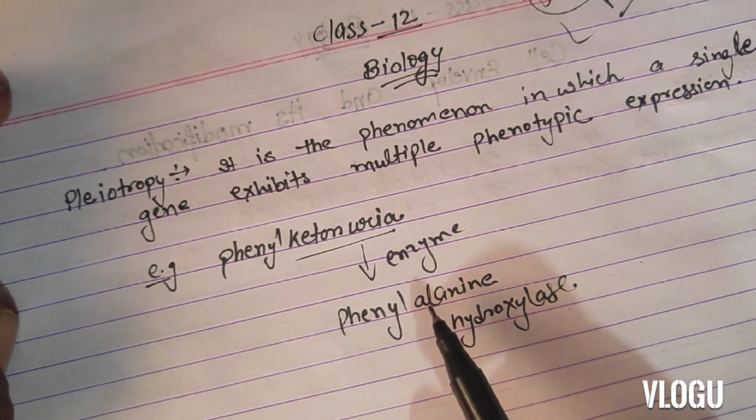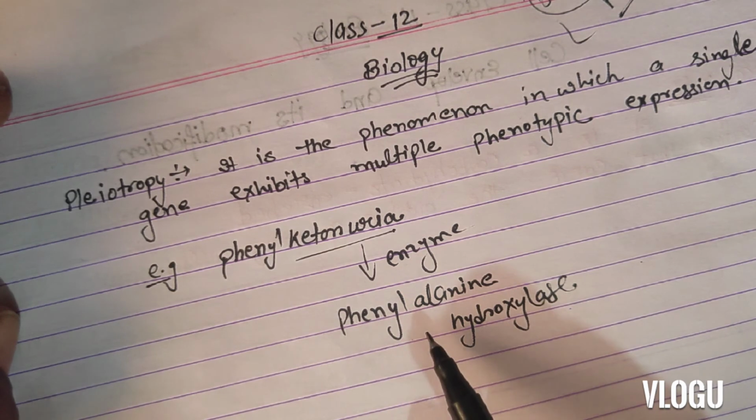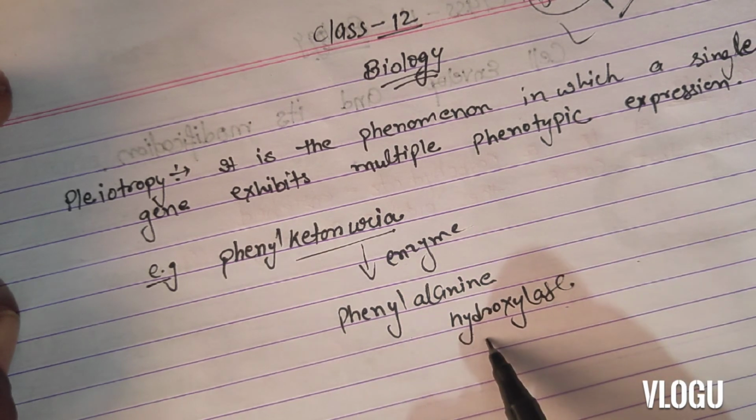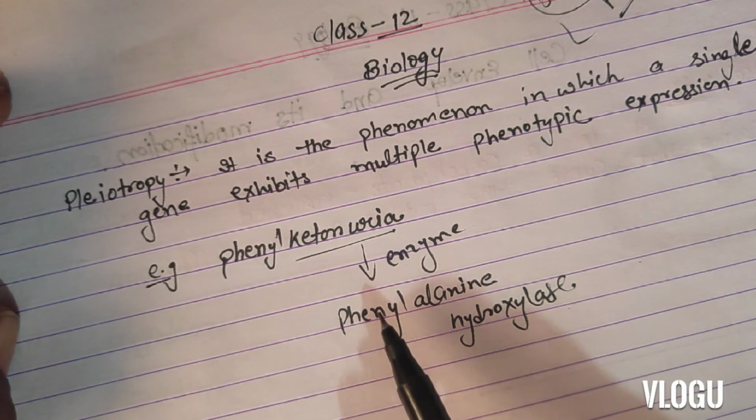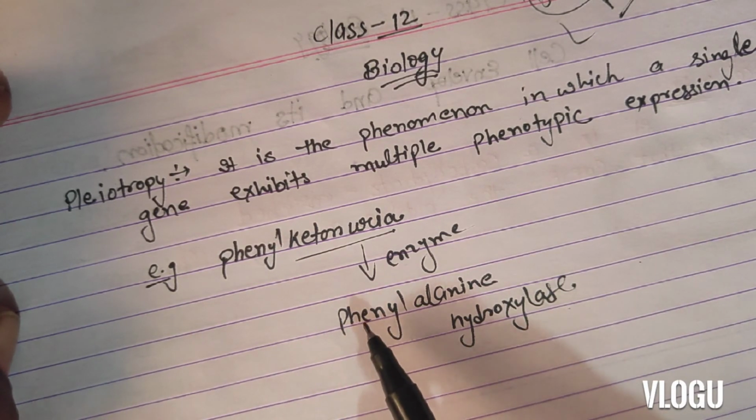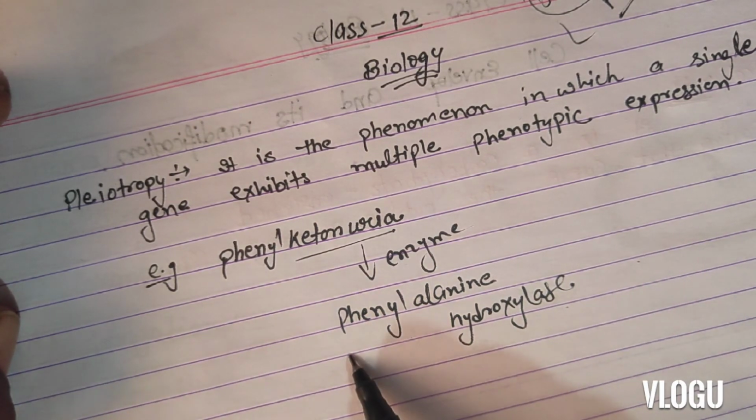Actually, the phenylketonuria gene codes for the enzyme phenylalanine hydroxylase, and if there is a mutation in it, it can't produce this enzyme.